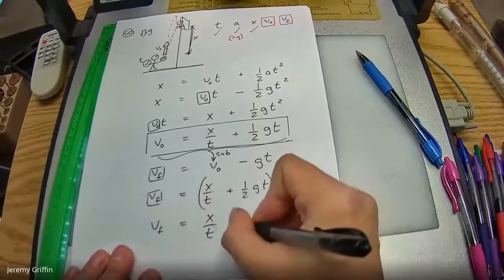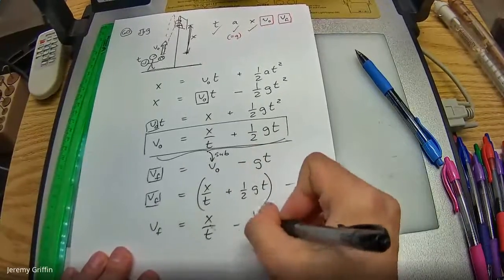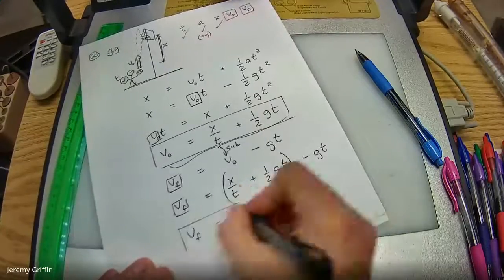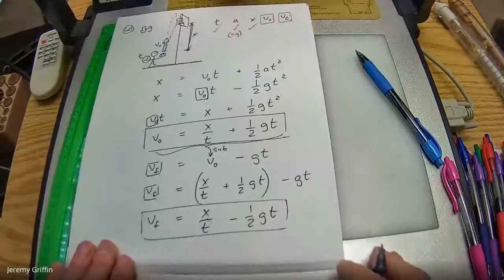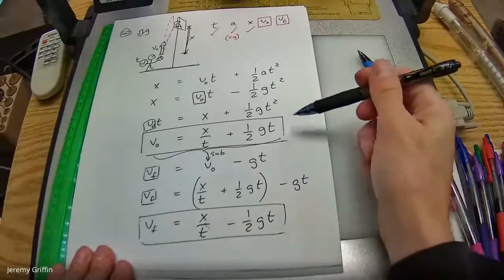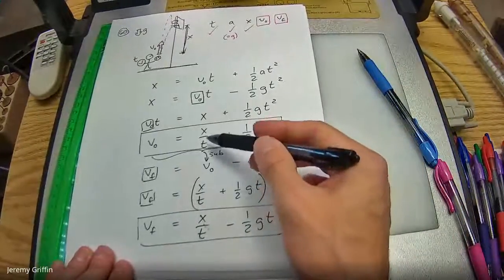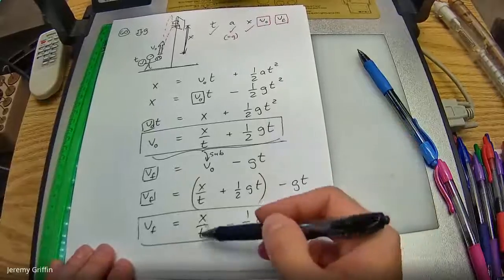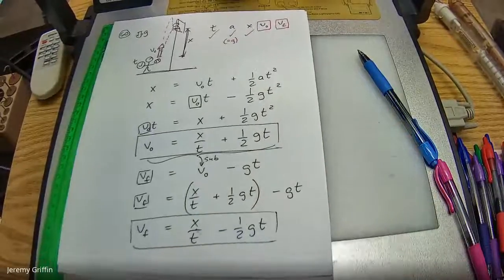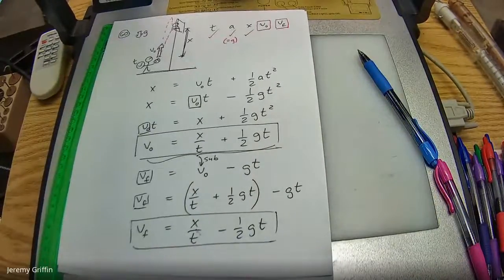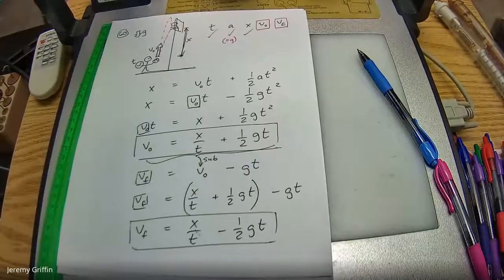So it's X over T minus half GT. That looks a lot like what we did earlier, right? And notice the throwing speed is definitely more than the catching speed, because it's X over T, the average velocity, plus a term versus X over T, the average velocity, minus some term. Guys good there?